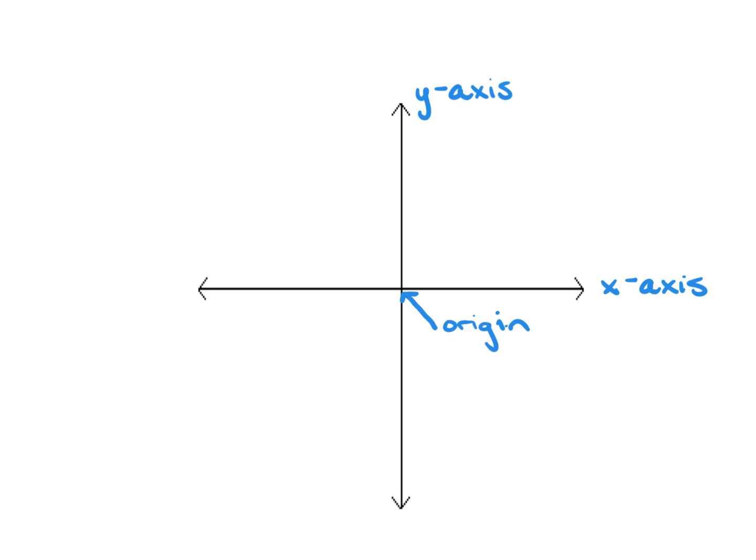We have not only these two lines, but we also have four regions. The top right, we refer to as quadrant 1, and we use Roman numerals for this. If you want, you can also just say Q1. We want to go counterclockwise, so we're going to go to the top left for quadrant 2.